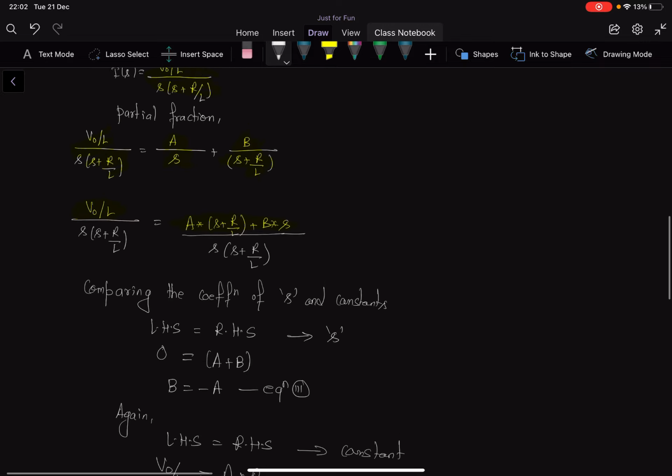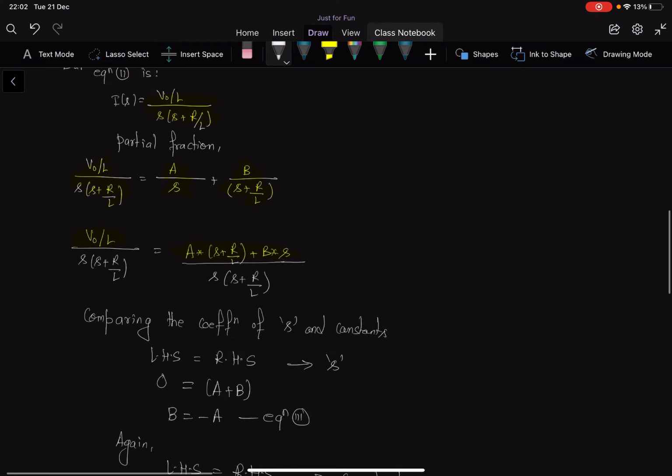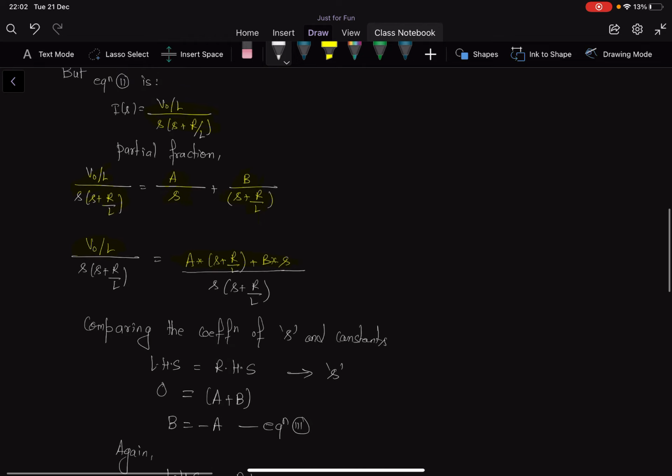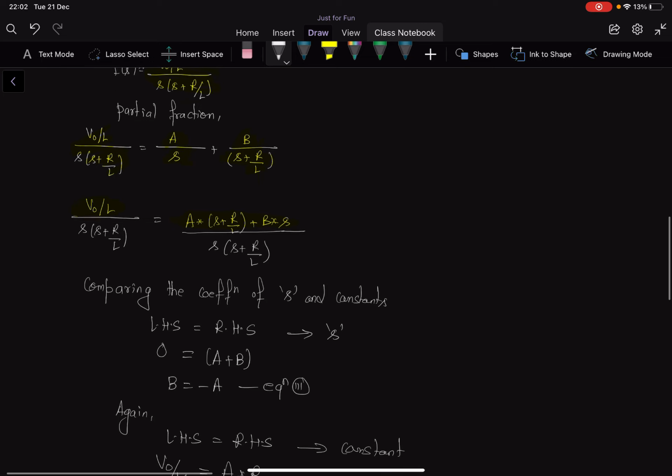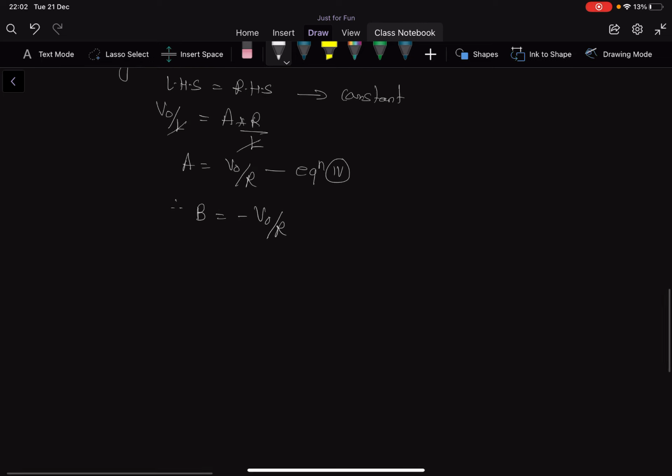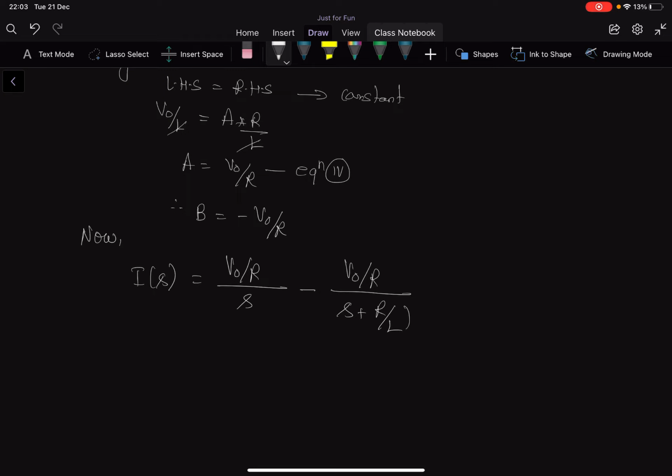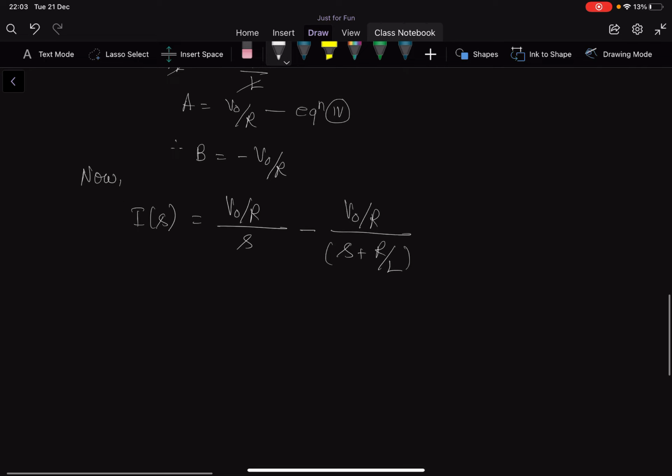So our partial fraction has been solved because we got the values of A and B. Then we can say I(s) is A, V naught over R, divided by s, minus, because it was plus B there, so it's going to be minus V naught over R divided by s plus R over L. So we got this expression.